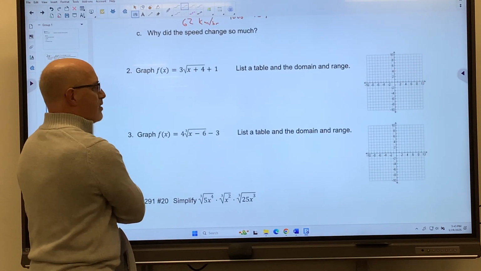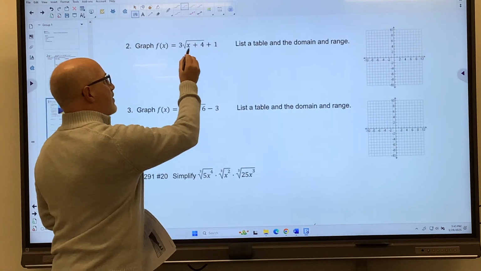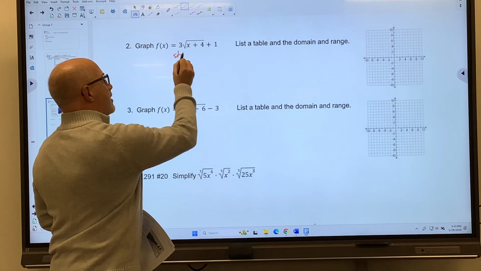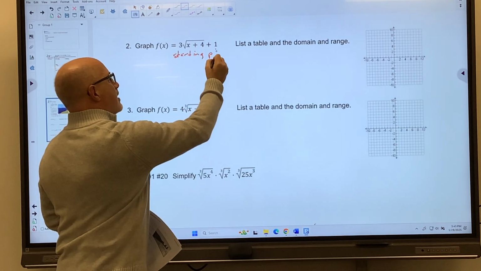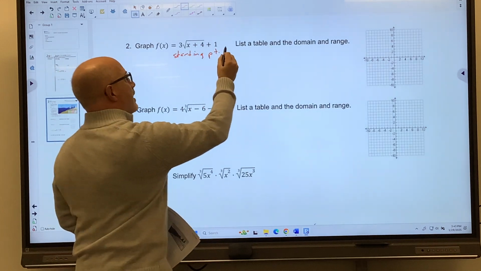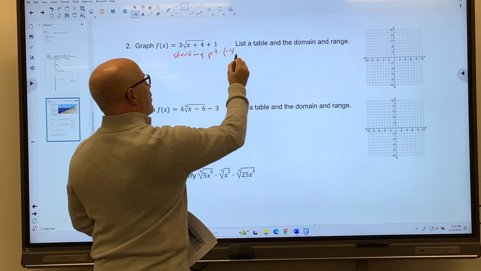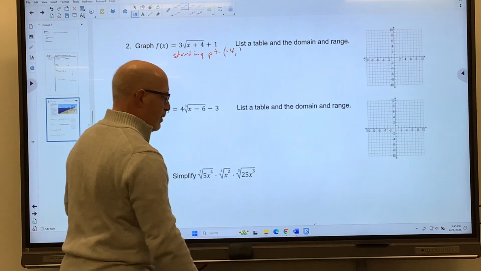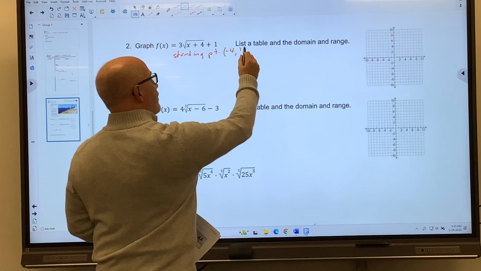Now let's go ahead and do a couple graphs just to practice. This first one, we're going to have a starting point here because it's an even index of a 2. The starting point is going to be negative 4, 1. And then when we do this problem, we'll want to make sure that we set up a table for it.